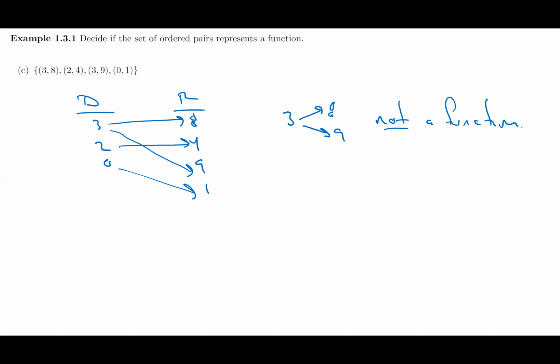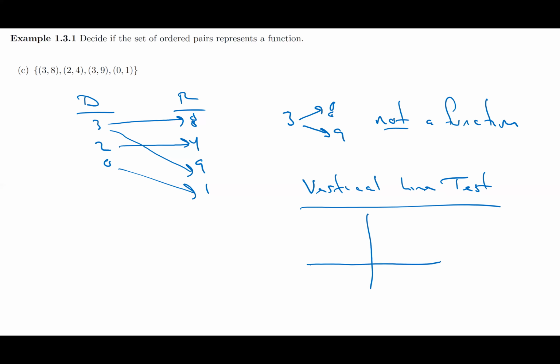And you may, in past studies, have heard of the vertical line test. When you have a graph of a function, which these ordered pairs naturally suggest, right? You see ordered pairs, you're probably tempted to graph them. The first two examples had no single x value going to two different y values.